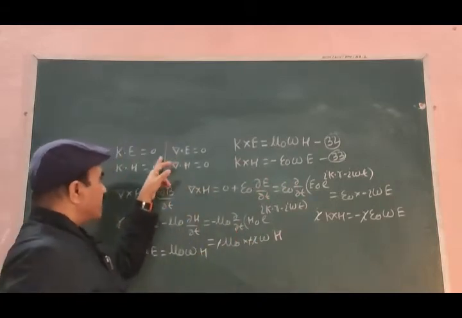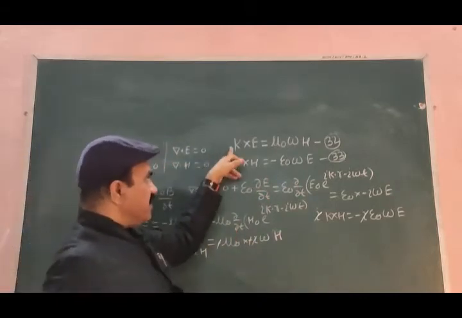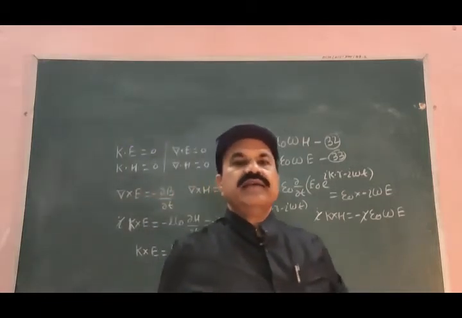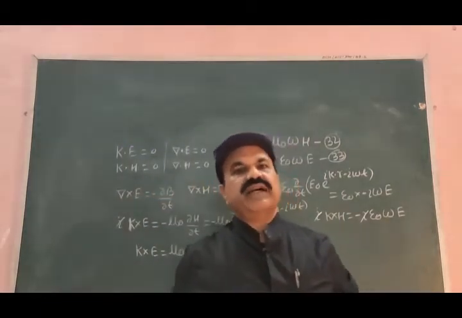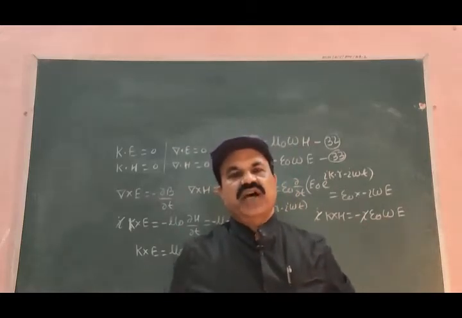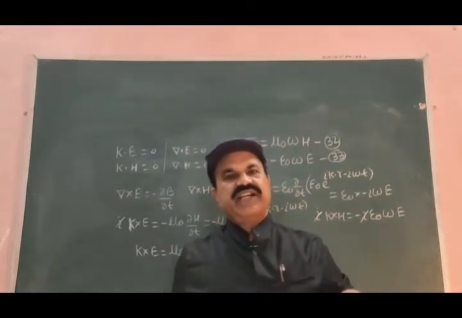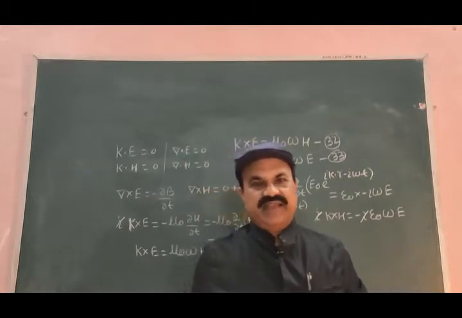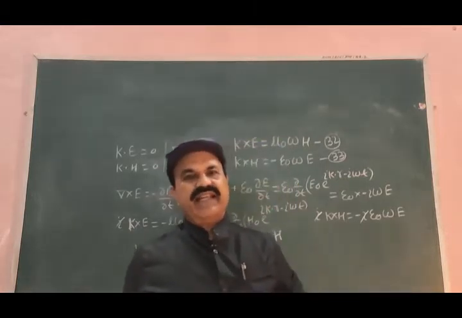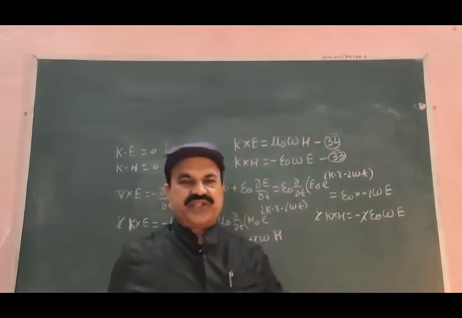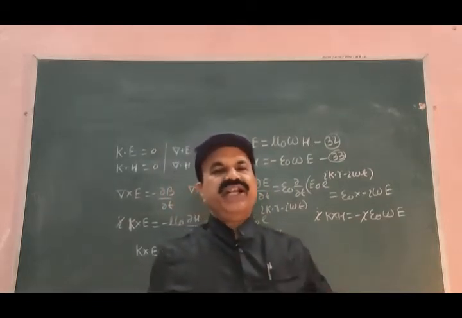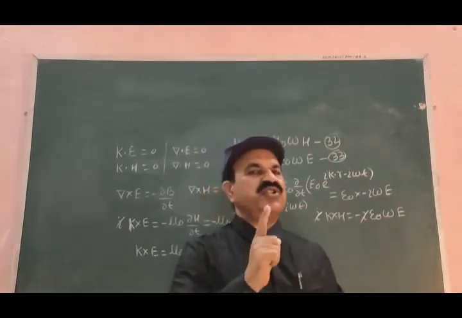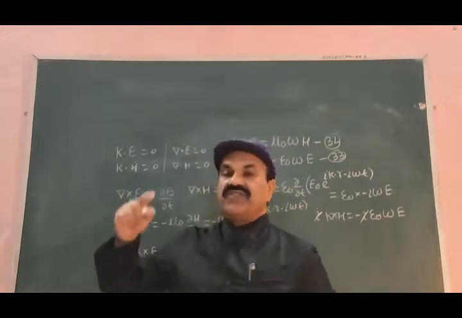So when we consider this equation, this equation, this equation, this equation, what conclusion can we draw? The restrictions put by Maxwell's equations on the electromagnetic wave propagation is that the electrical and magnetic component E and H both are perpendicular to the direction of propagation of the electromagnetic wave from these two equations.